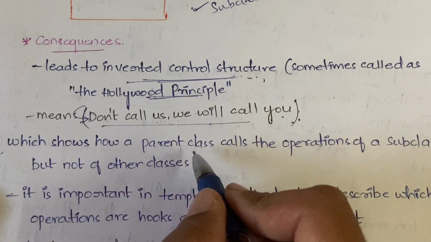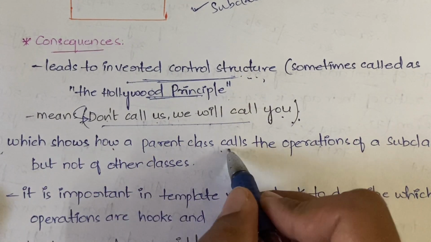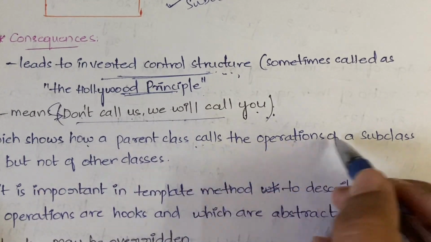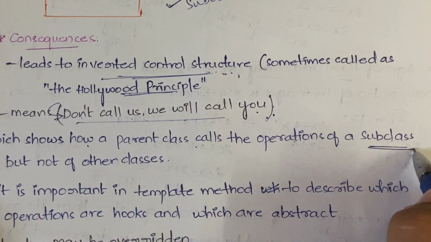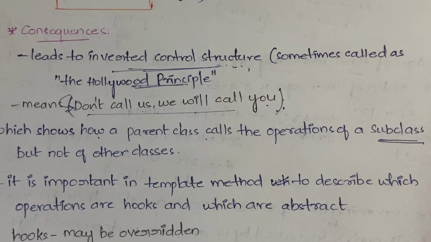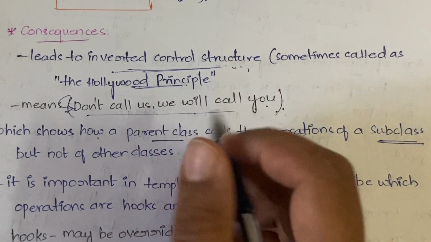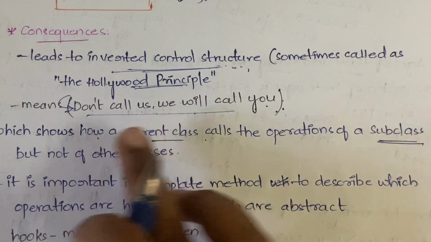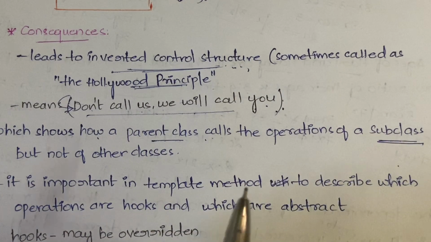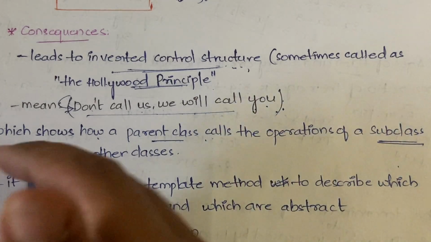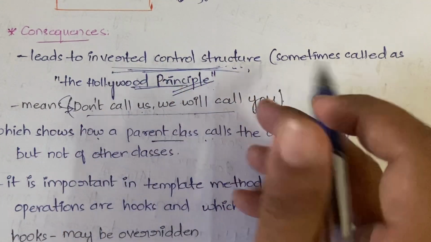See, it will show how a parent class will call the operations of a subclass only, but not of the other classes. Which means if you have a parent class, then this parent class will call the operations only of its subclasses, but not the subclasses or the parent classes of the other classes. Got it? So this is what Hollywood principle or inverted control structure means.